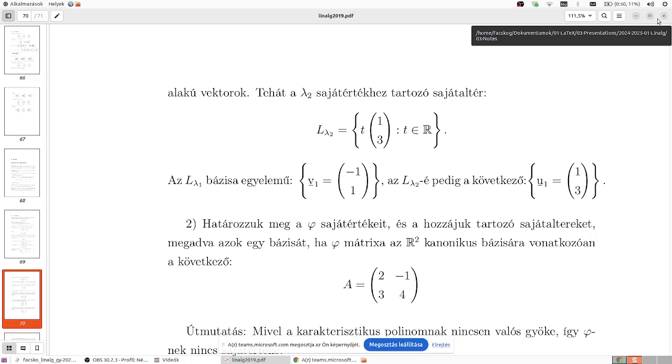So it means this characteristic polynomial has no real solution. This matrix has no real eigenvalue. So we stop here. And jump.